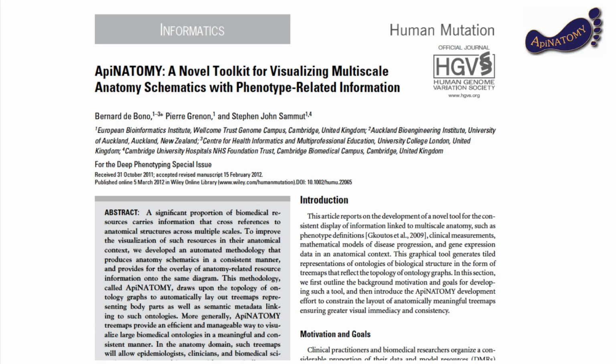ApiNATOMY is also being developed to provide the means for disease experts to describe multi-site and multi-scale pathology mechanisms in terms of the location and process knowledge depicted on the circuit board.